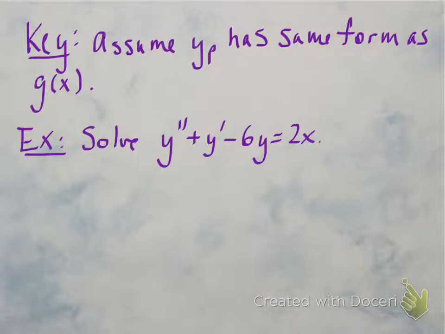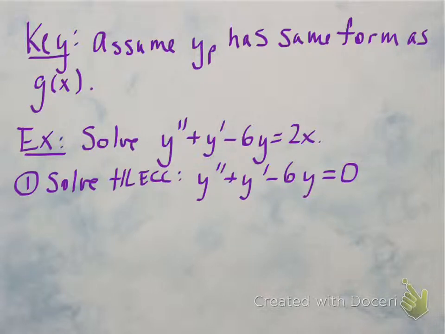So let's solve y double prime plus y prime minus 6y equals 2x. To do this, we have to remember all that we've learned about how to solve non-homogeneous differential equations. The first step is we need to solve the corresponding homogeneous equation, the HLEC, y double prime plus y prime minus 6y equals 0.